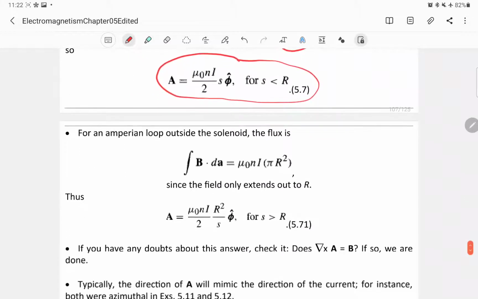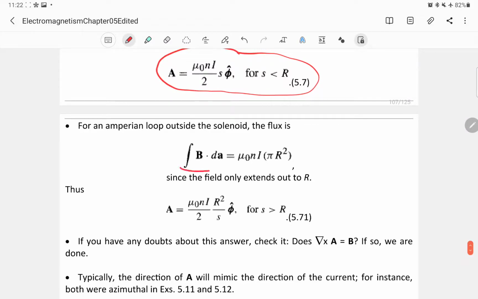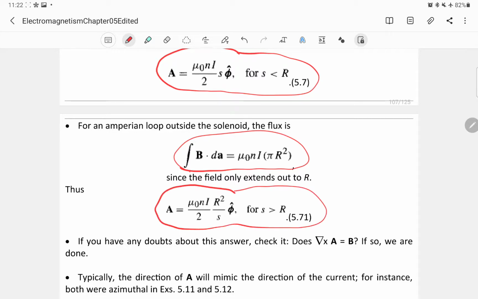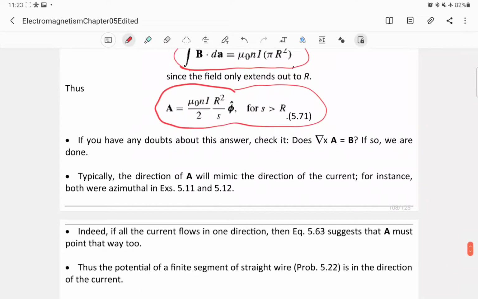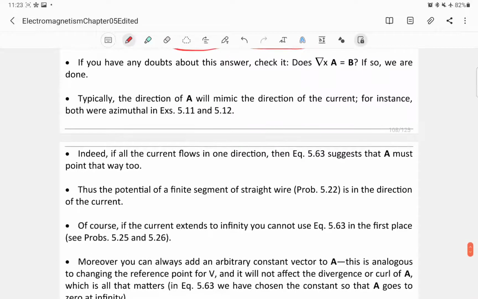However, outside the solenoid, the flux is equal to this one, since the field only extends out to R. It cannot go beyond R. So therefore your vector potential outside would be given by that. So that's it for example 5.12, and then we move on to the next section.